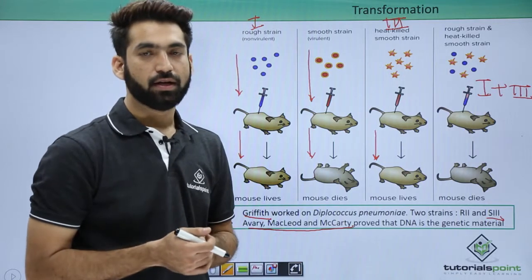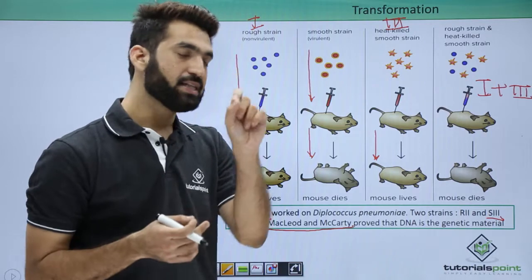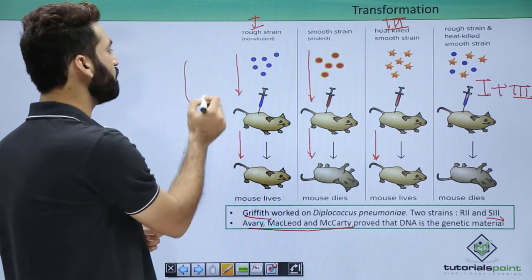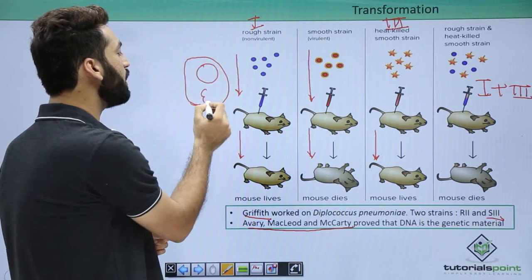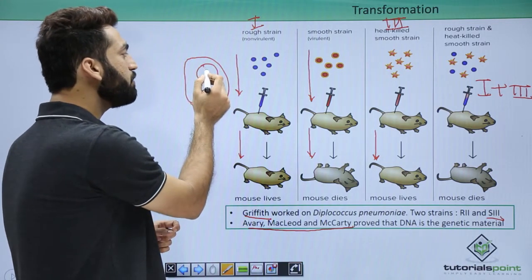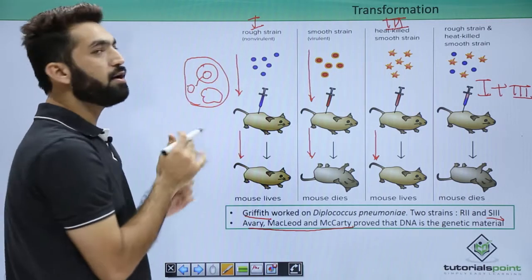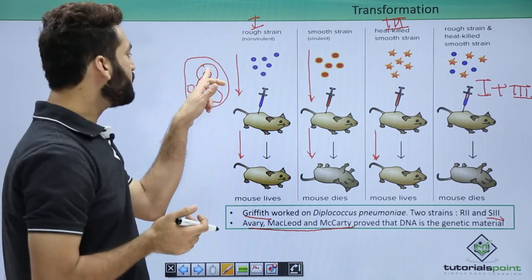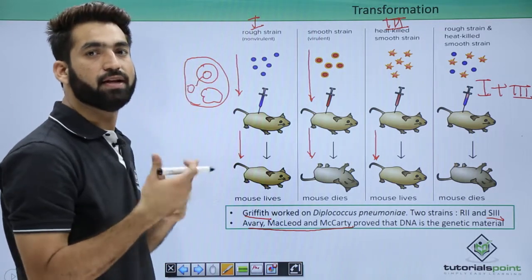They proved this in a culture media where you have the heat killed S3 and the R2 strain. When you heat kill this bacteria, it removes its DNA out into the media, because the bacteria will be dying.